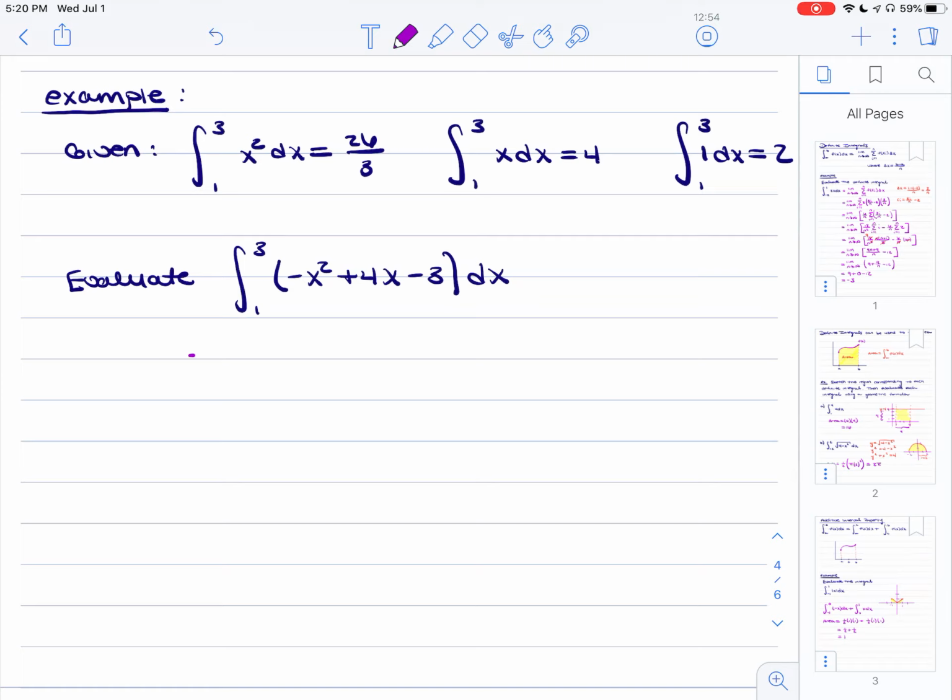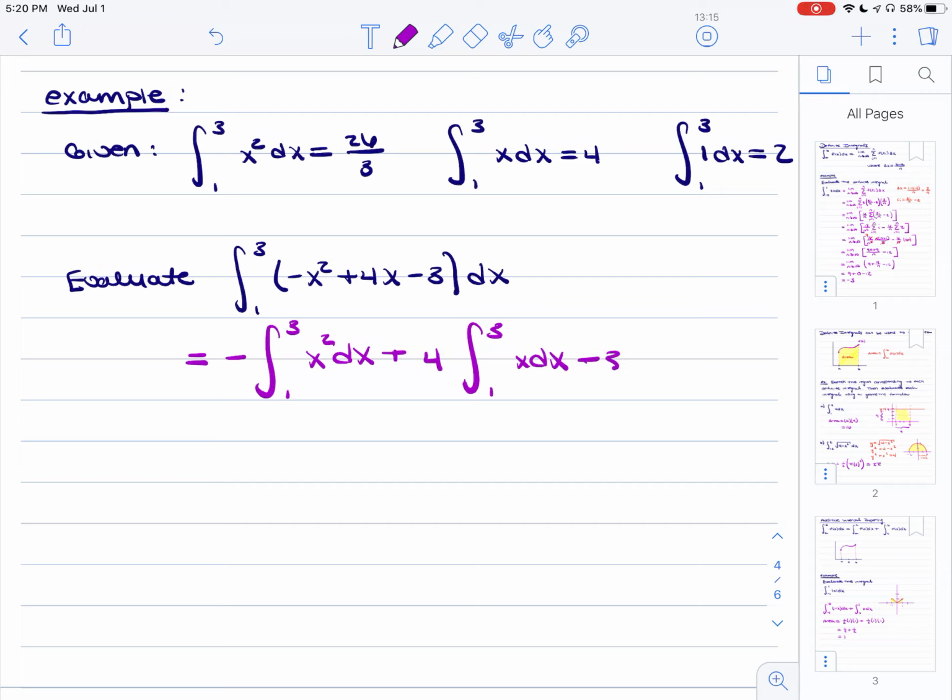All right, so we can rewrite this. First of all, I can pull that negative out front. So negative integral from 1 to 3 of x squared dx. Then I can pull the 4 out front, integral from 1 to 3 of x dx.